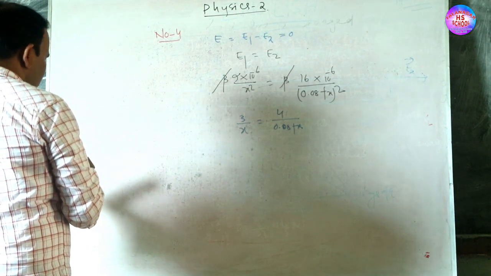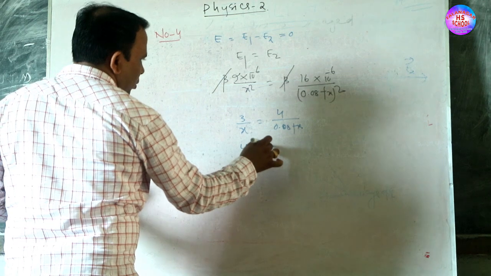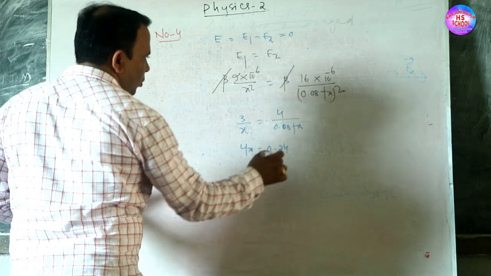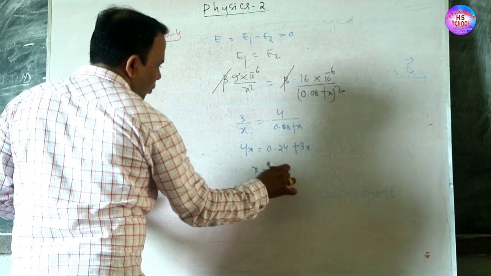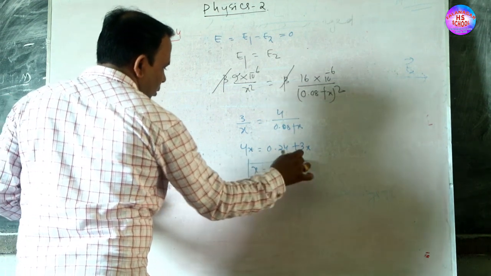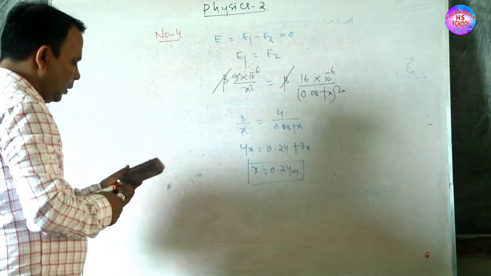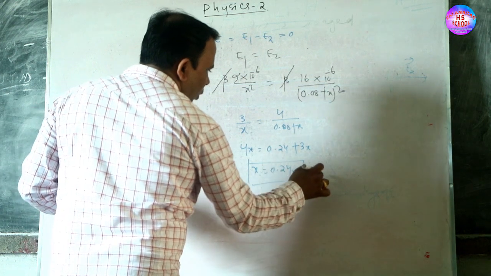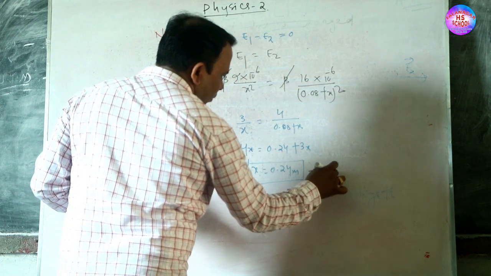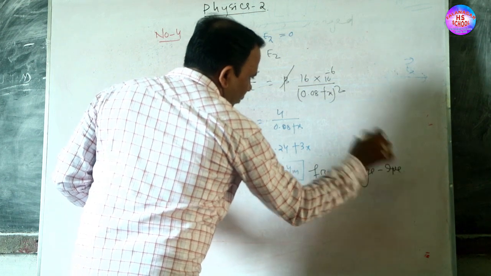Cross multiplied with each other, 4x equal to 0.24 plus 3x, that is x equal to 0.24 meter. This is the point where the intensity is 0. The point is 0.24 meter from charge minus 9 microcoulomb.